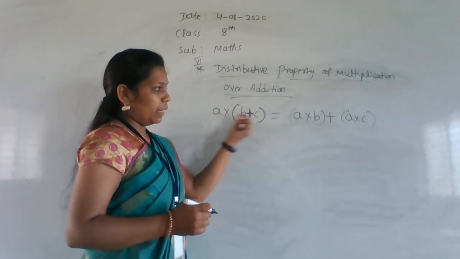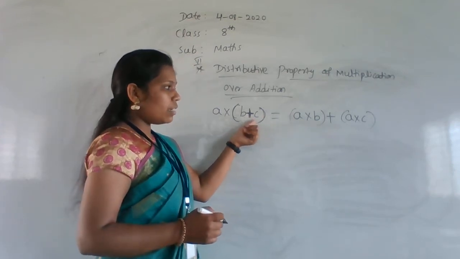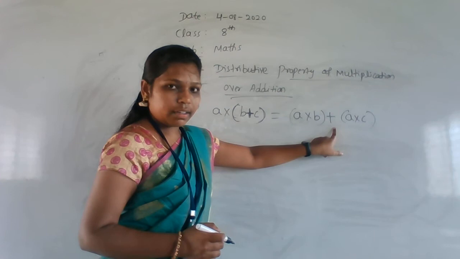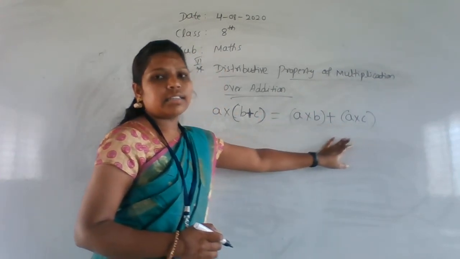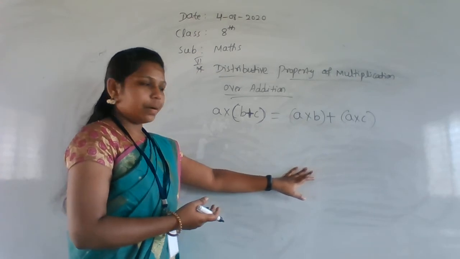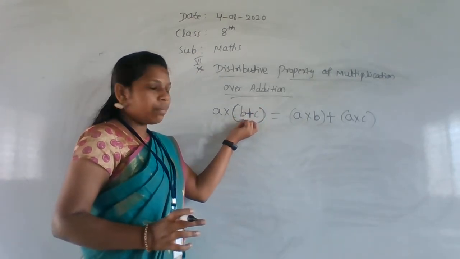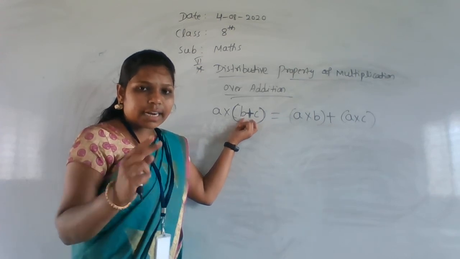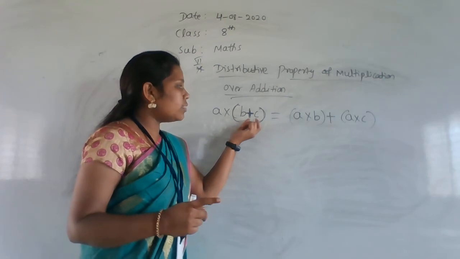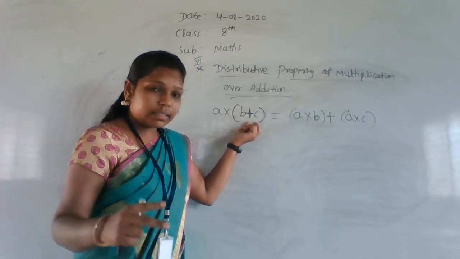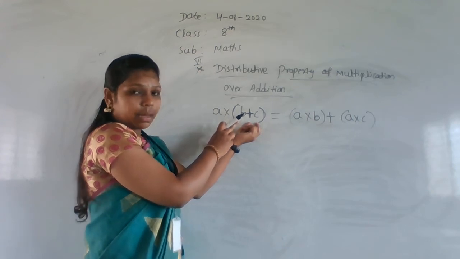First a into b, I am writing here a into b. Next the addition symbol, I am taking addition here. Next one is a into c. This is nothing but the distributive property. See here, b plus c is the addition of two numbers, the sum of b and c, and I am multiplying a to that sum.